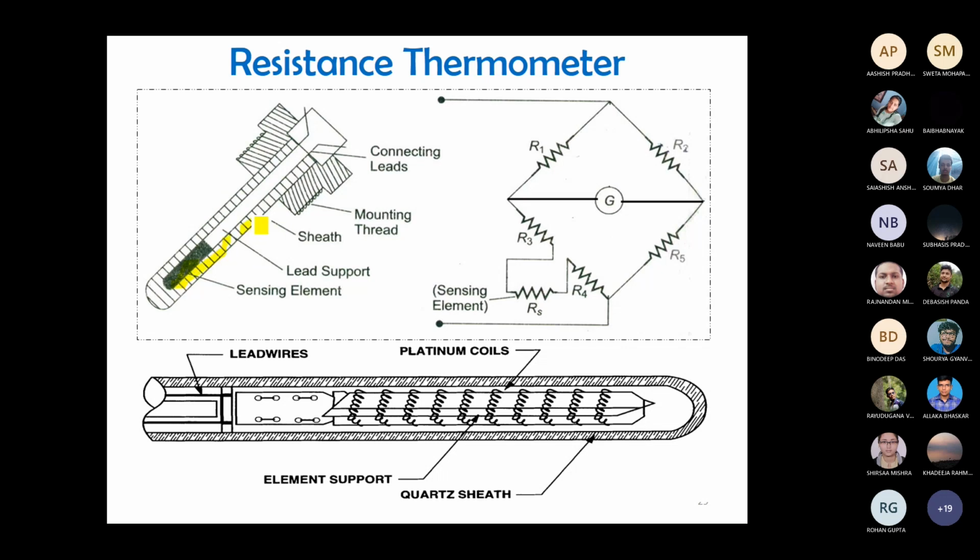Due to resistance, the element rotates and changes its position, and when it is connected with the wire, only then can you get the information. Here you can see the important parts or sections of the resistance thermometer. Everything happens over here.